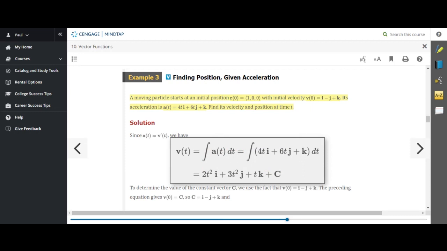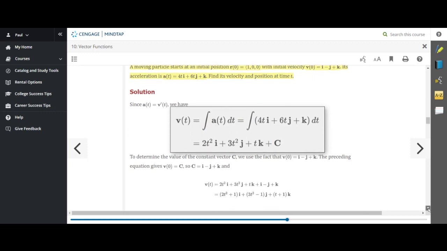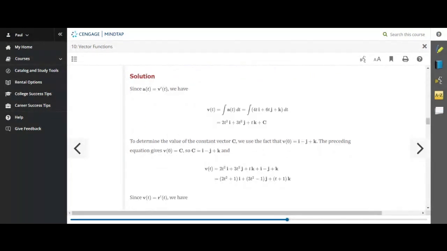Okay, well, to solve for the constant vector, we're going to make use of the initial conditions. So to determine the value of that constant vector c, we use the fact that at time equals 0, the velocity vector is i minus j plus k.